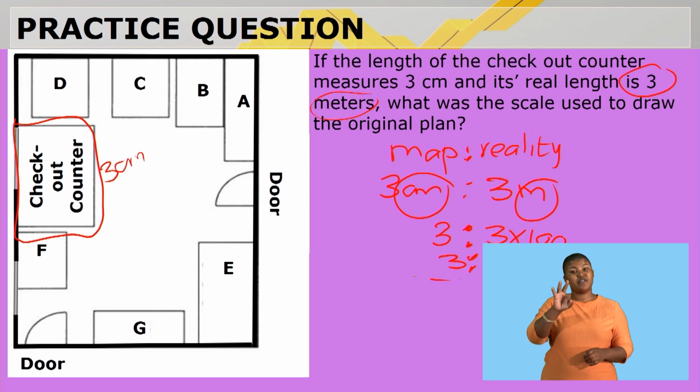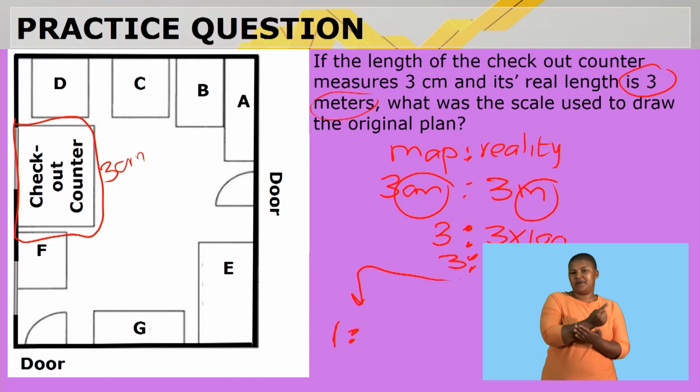And now let's continue here. We need a unit scale. Now what is a unit scale? A unit scale is 1 to something or something to 1, 1 always being the map. So it's going to be 1 is to something. Now what did we do? We divide by 3.